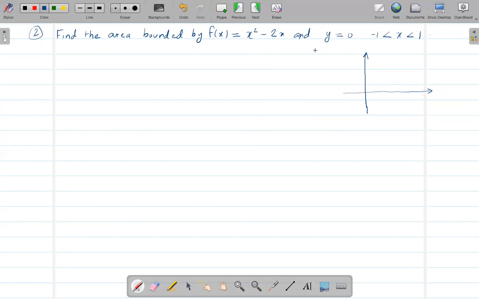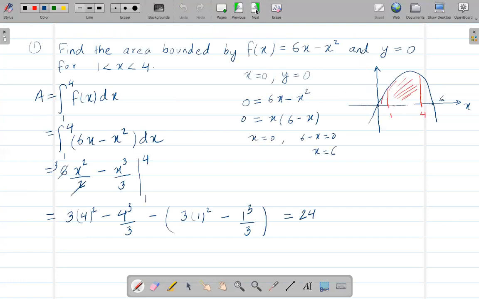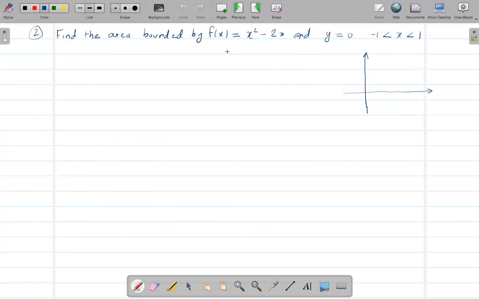And also, just like we did here, let's find the x-intercepts. To find the x-intercepts, I can assume y equals 0. So 0 equals x squared minus 2x. From here, I can factor out x, so 0 equals x times (x minus 2).